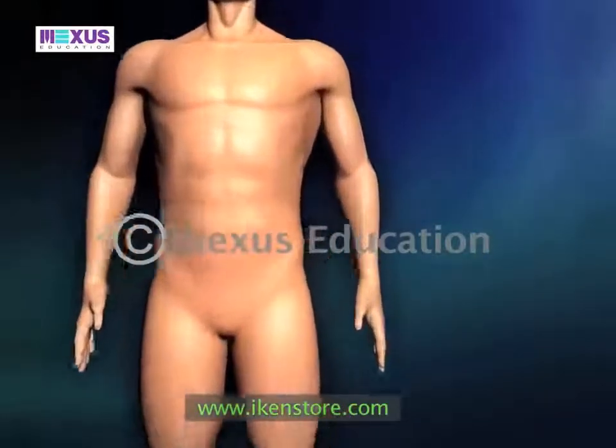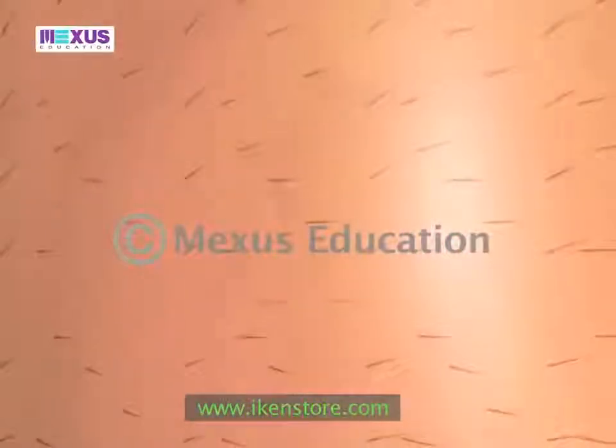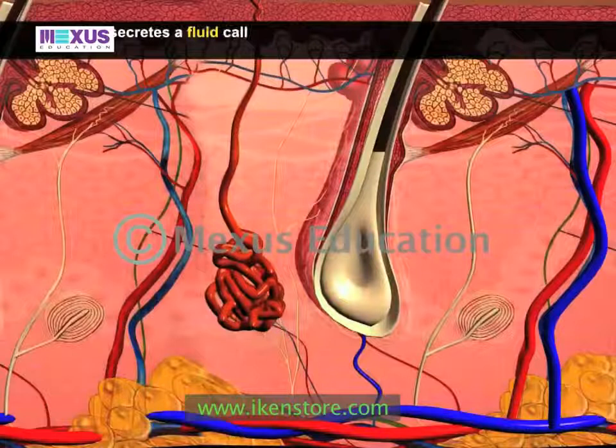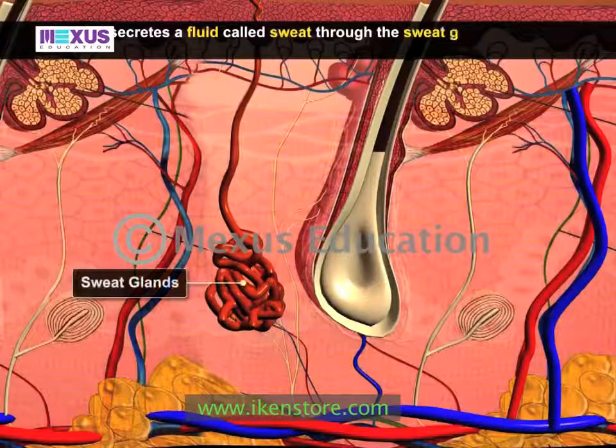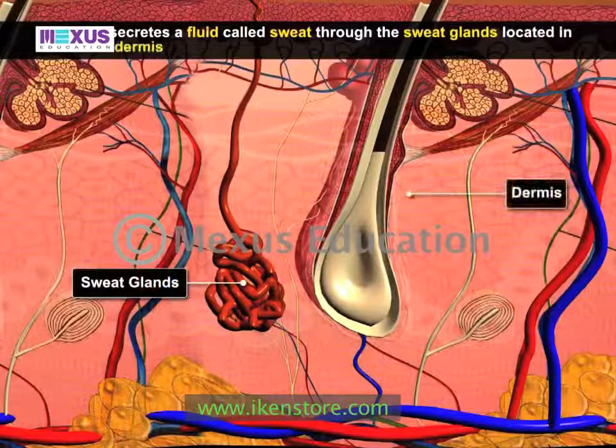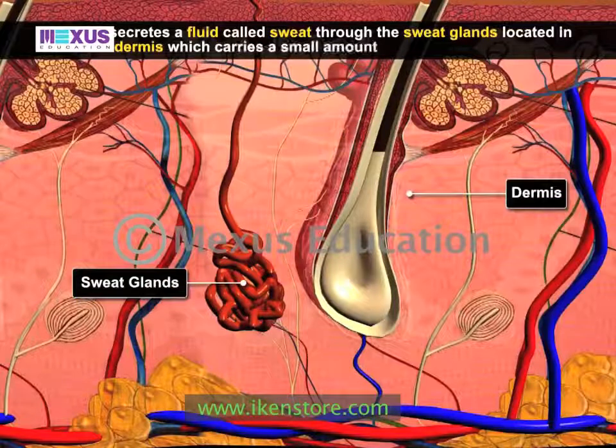Skin plays a minimal role in the human excretory system. The skin secretes a fluid called sweat through the sweat glands located in the dermis, which carries a small amount of metabolic wastes.